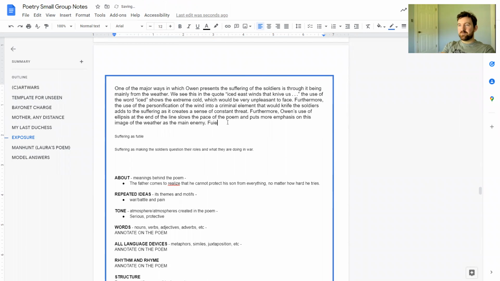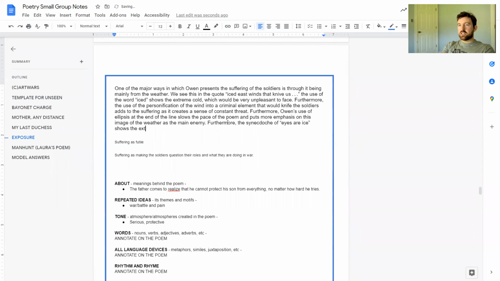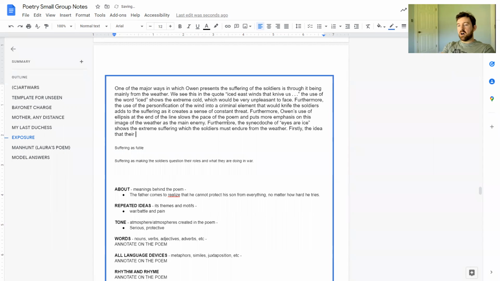So furthermore, the synecdoche of eyes are ice shows the extreme suffering which the soldiers must endure from the weather. Firstly, the idea that their eyes have frozen is an extreme image to show the extreme cold of their deaths.